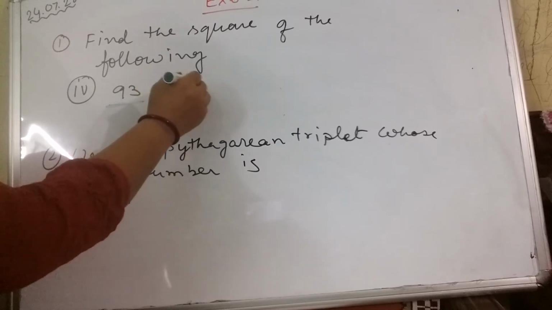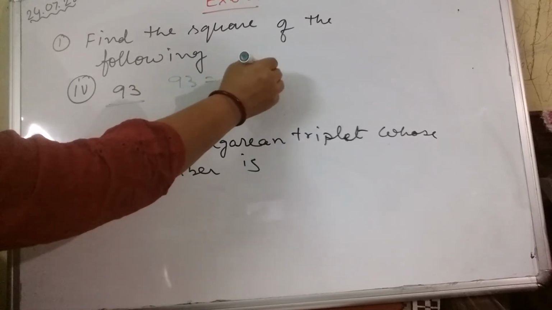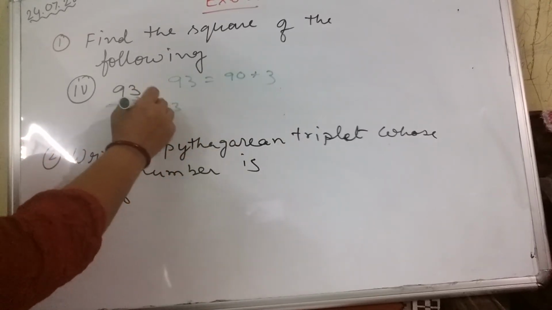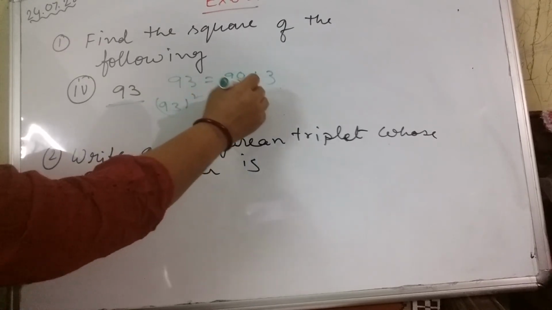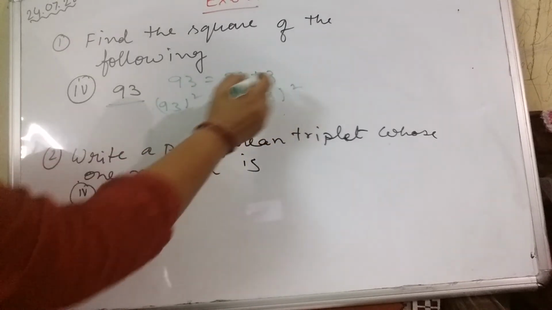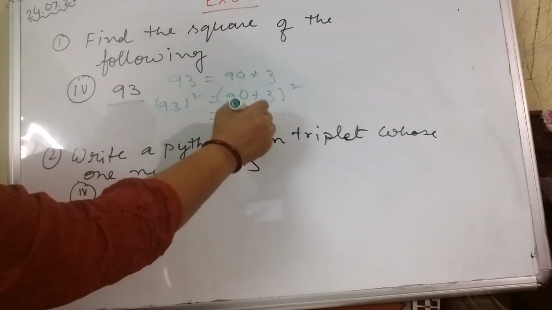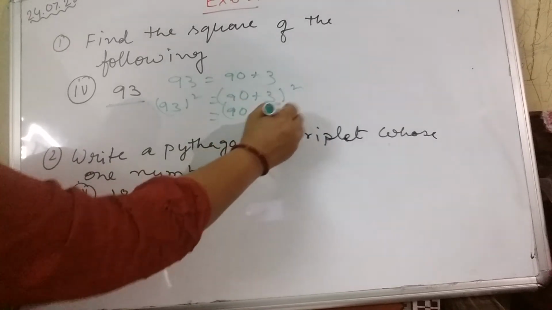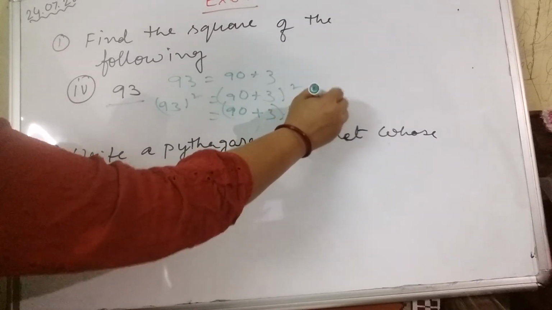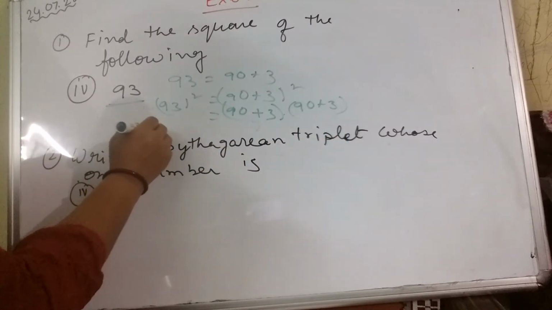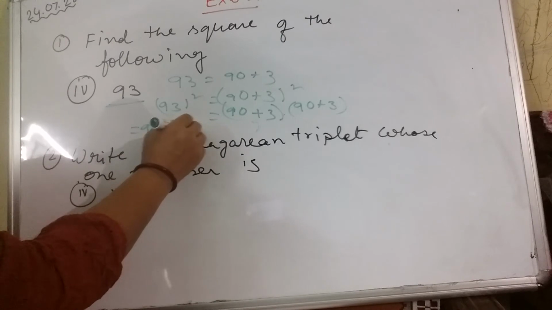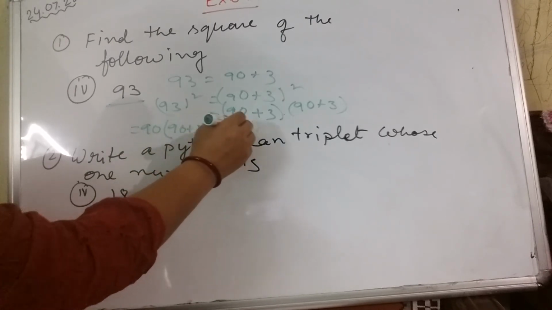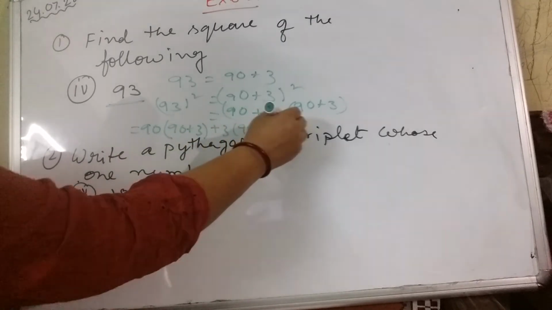So 93, you can write it as 90 plus 3, and 93 square will be 90 plus 3 whole square. So you can write it like 90 plus 3 into 90 plus 3.